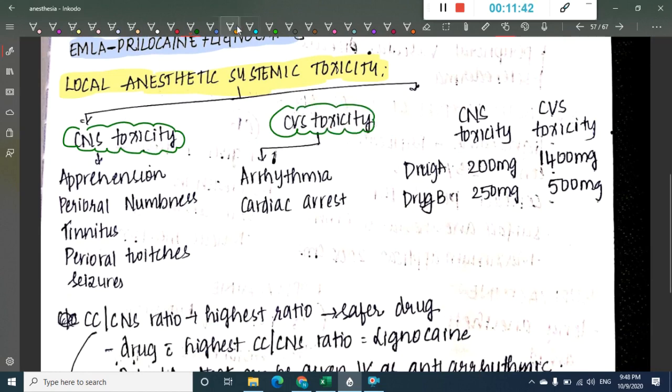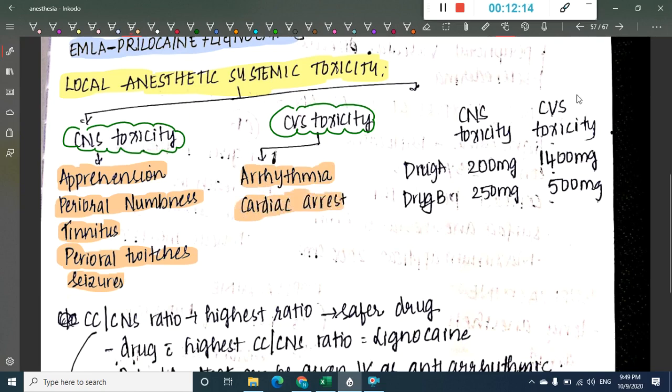CNS toxicity includes apprehension, perioral numbness, tinnitus, perioral twitches and seizures. Toxicity related to CVS includes arrhythmias and cardiac arrest.